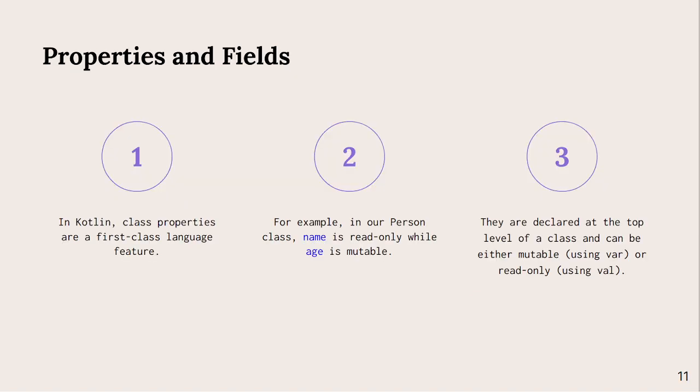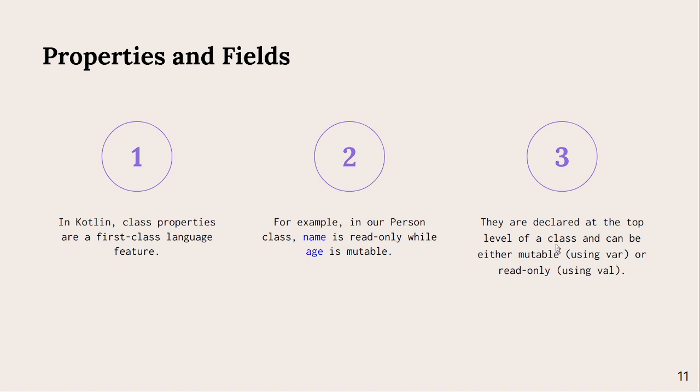Then let's talk about the internal members, the properties and fields. In Kotlin, class properties are a first-class language feature. For example, in our person class, name is read-only and age is mutable.